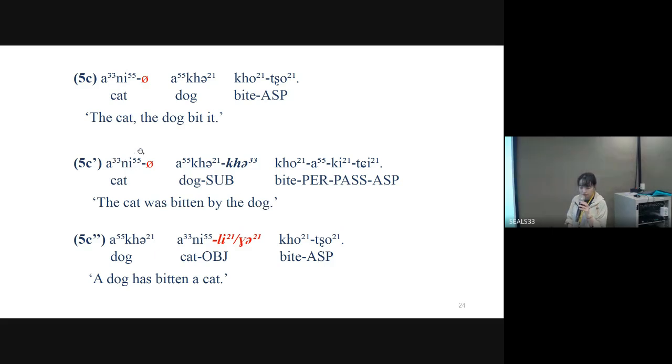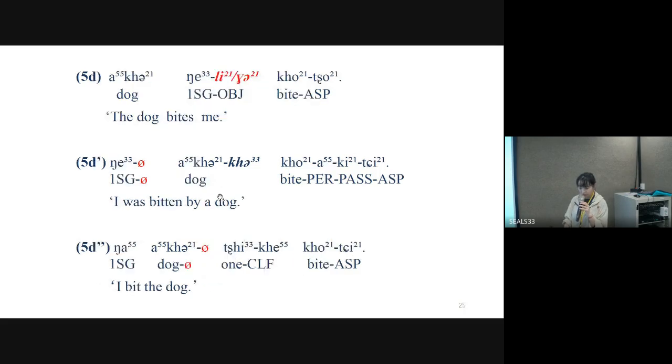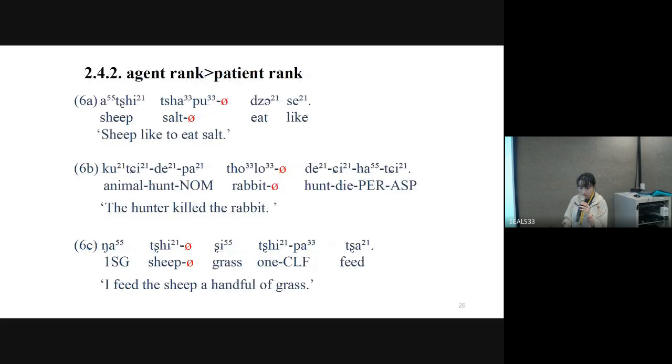Even though the patient doesn't have a mark, a subject or agent is marked with another patient. Okay, sorry. This situation shows the agent's rank higher than the patient's rank. In this situation, the patient is not necessary to be marked. For example, she'd like to eat sauce, things like that.